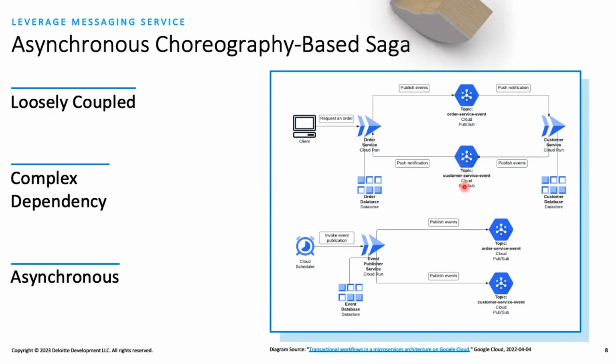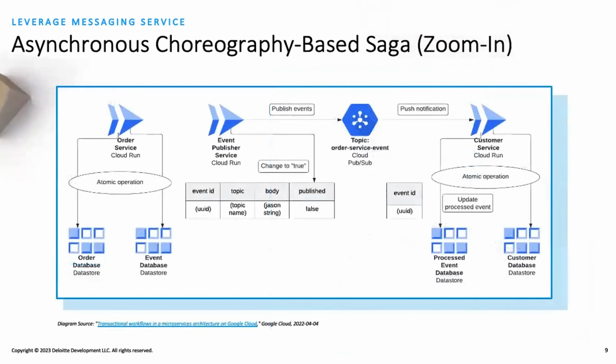However, I guess you also sensed a little bit of a complex dependency. Let's further zoom into this design, and you can see the modification of data and associated event data are conducted in an atomic way using the transactional feature of the backend database.